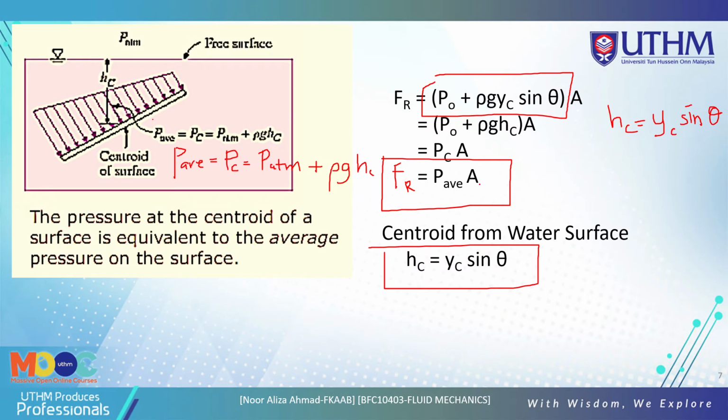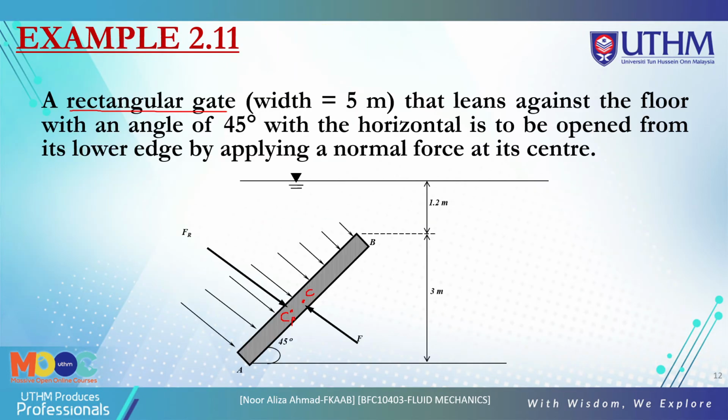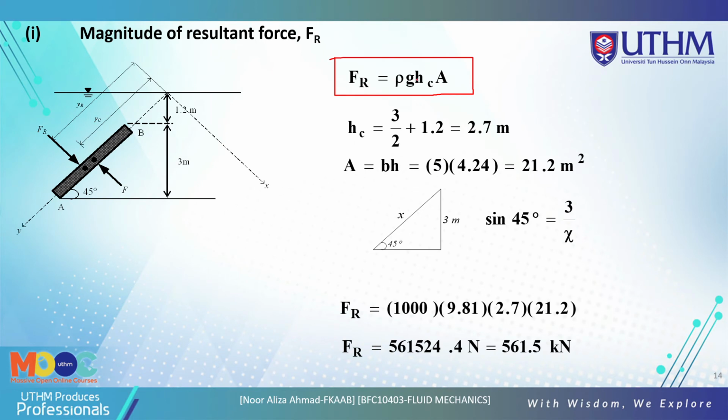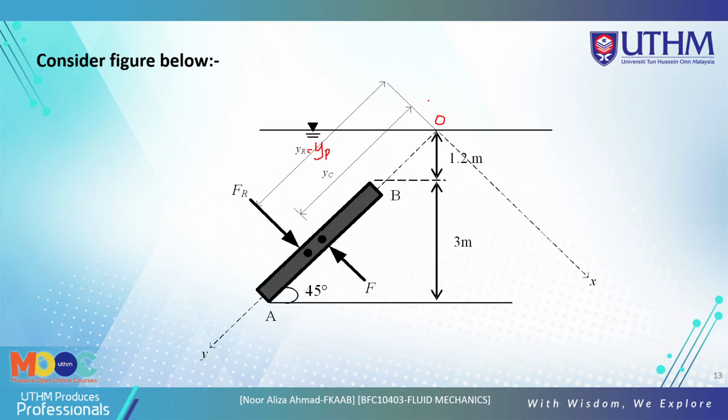From the average pressure times the area, you get density times g times HC times A. Actually it is the pressure at the center times A. Rho g h is the pressure at the center.